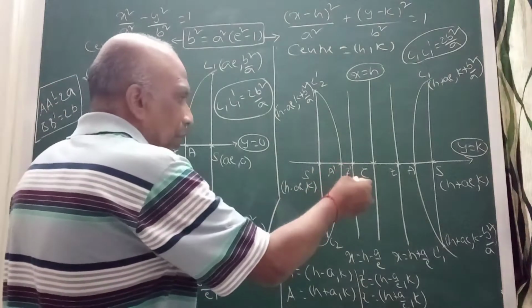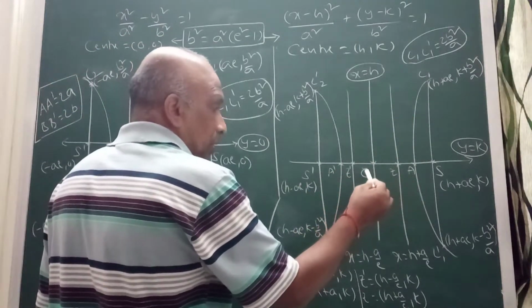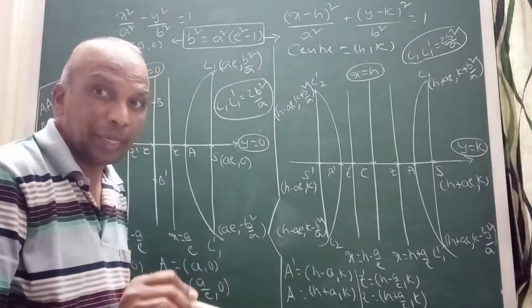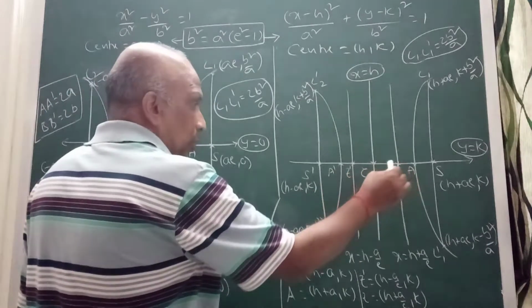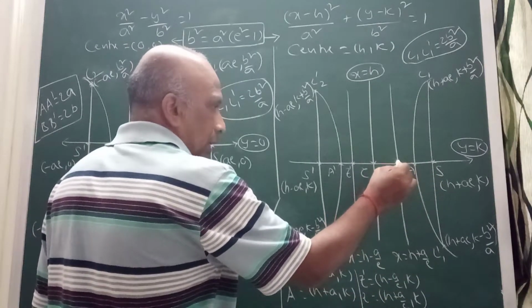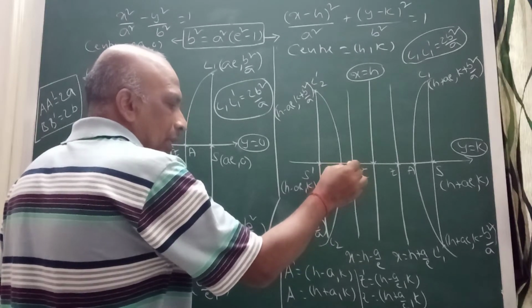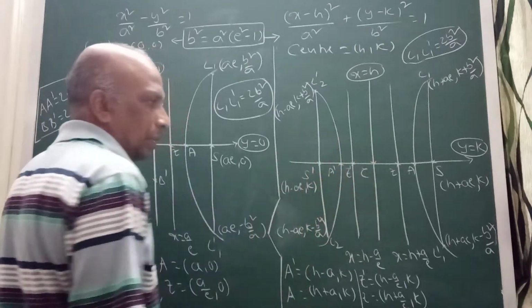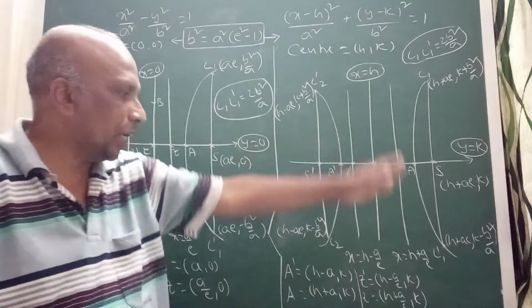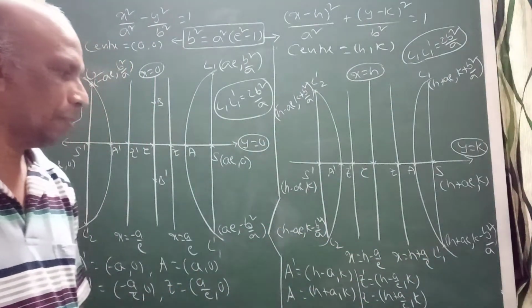Same here, for Z and Z dash, the distance from C will be fixed, a by e only. The point is h comma k, we are moving towards the right, so Z is h plus a by e comma k, and Z dash is h minus a by e comma k. Equation of the directrix is x equal to h plus a by e, x equal to h minus a by e.